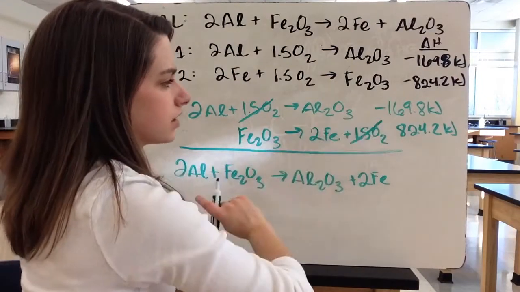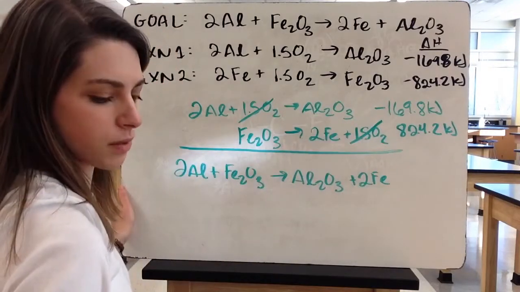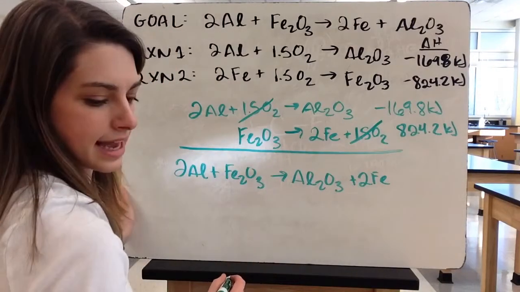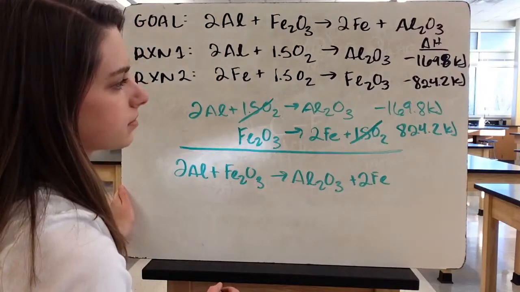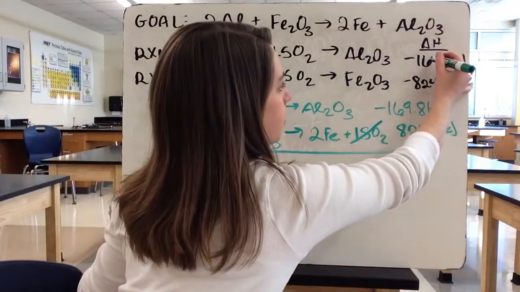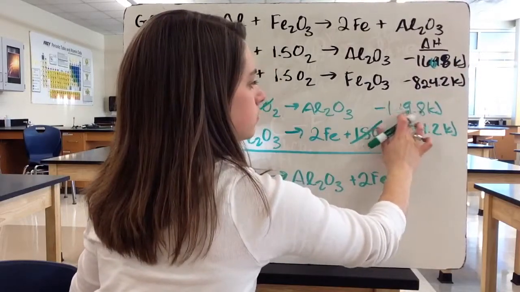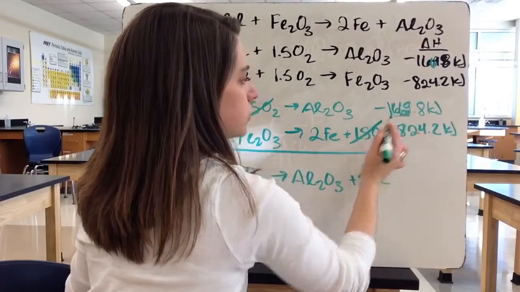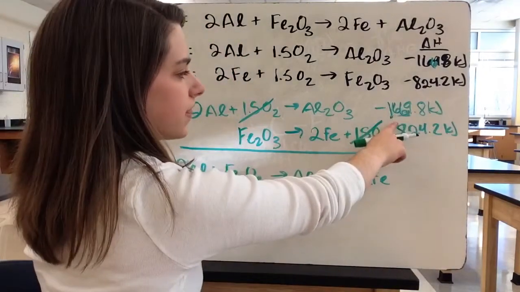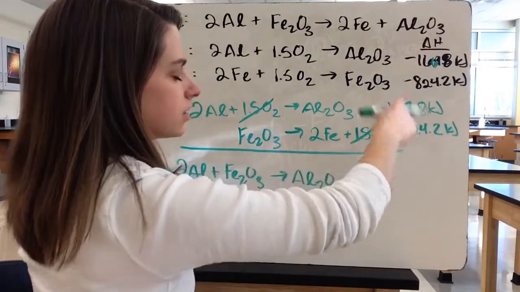So I have negative 169.8 plus a positive 824.2 kilojoules. And that gets me an overall, ooh, I copied something down wrong. This should be negative 1,669.8 kilojoules of energy.